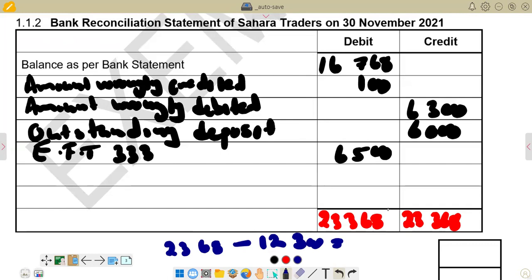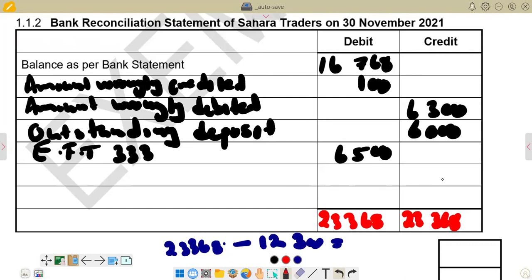We can just try to calculate it. Here you're saying 23,368 minus 12,300, and you're going to get to 11,068.